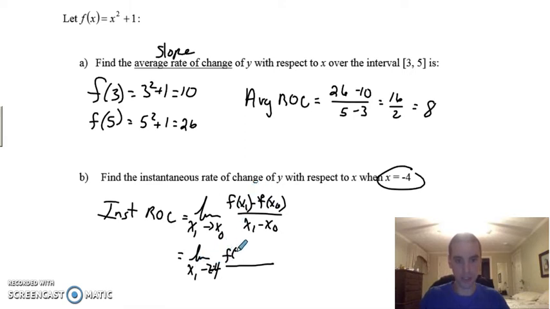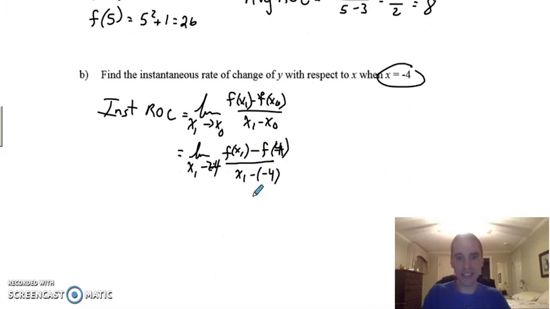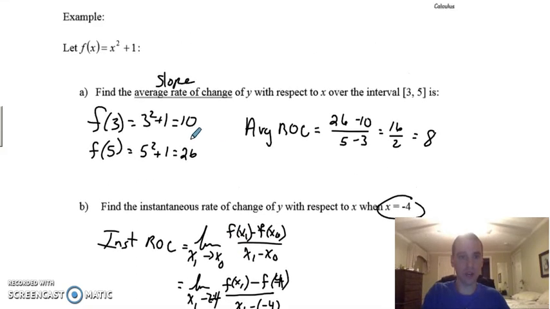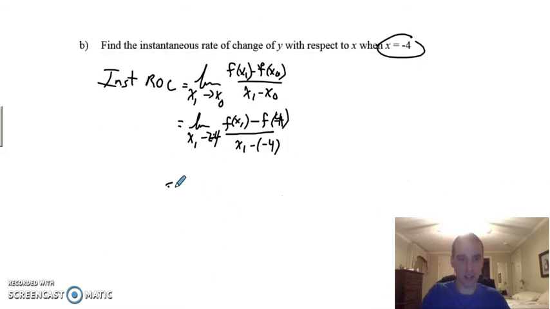So what we're going to do here is x1 approaches -4. We are not going to substitute in for x1. So we have f of x1 minus f of -4, that's 17, over x1 minus -4. And the idea here will be, well, what is f of x1? We go back up here and plug x1 into that, and I'm going to get x1 squared plus 1 minus 17.